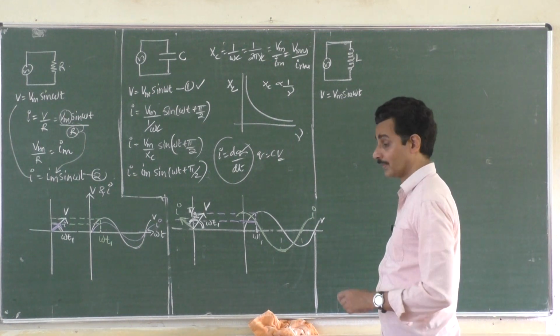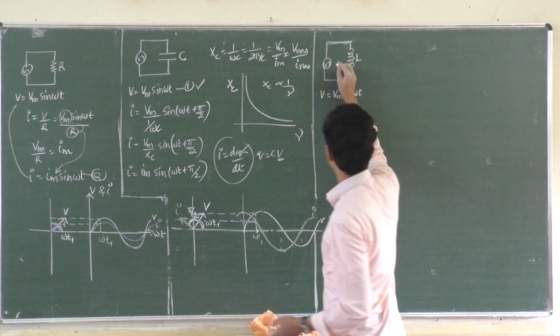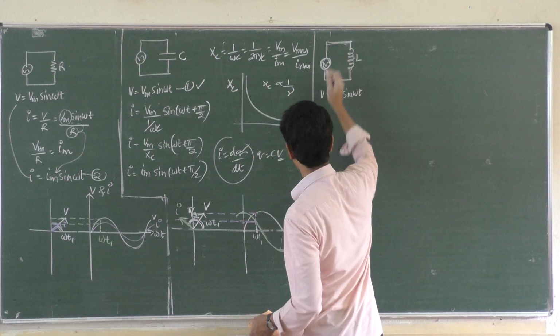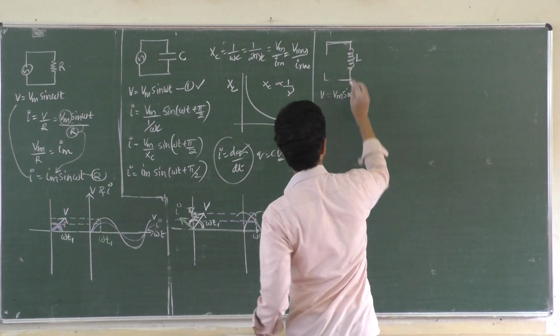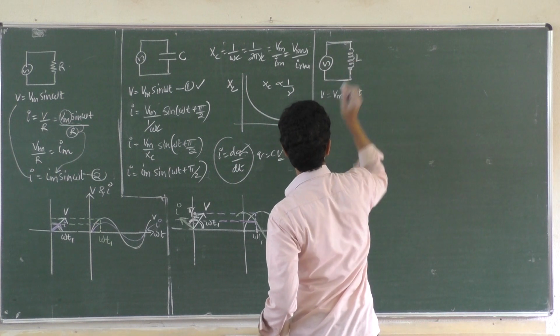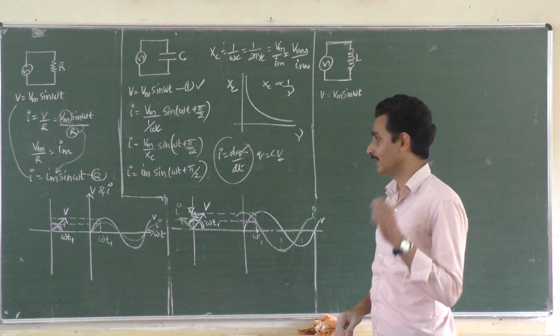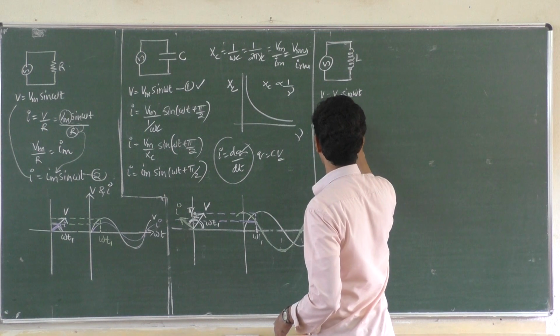Now when alternating current is applied across an inductor coil, it induces an EMF, and the induced EMF is equal to minus L di by dt.